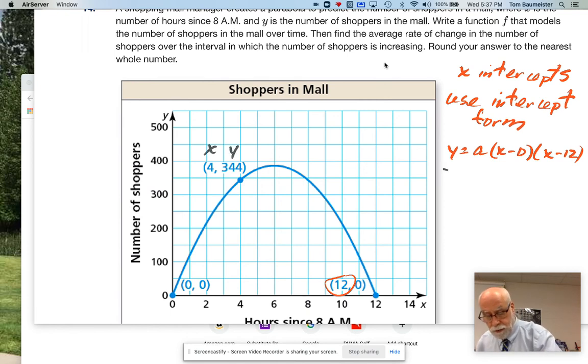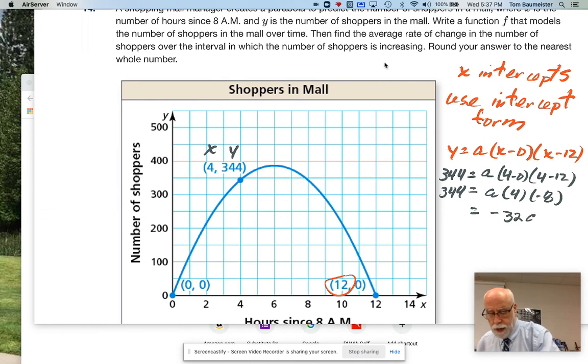So we're going to say that 344 is equal to a times 4 minus 0 times 4 minus 12. So if we take that, we'll have a times 4 times negative 8. So we'll have negative 32 times a is equal to 344.